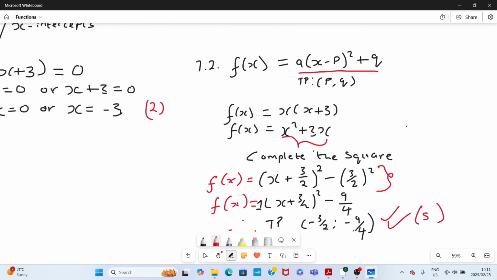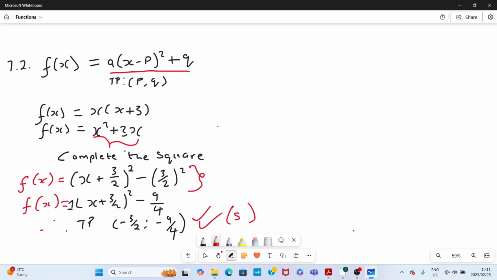Okay. So what we'll do is we have our f of x is this. We're going to take f of x and use it to find our f of -5, because f of -5 gives us the y value where x is equal to -5.